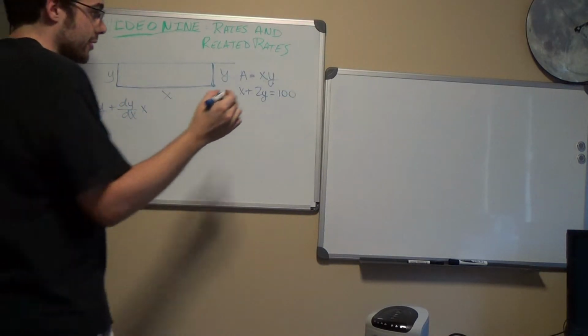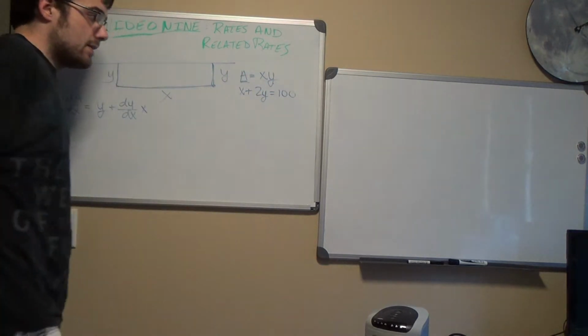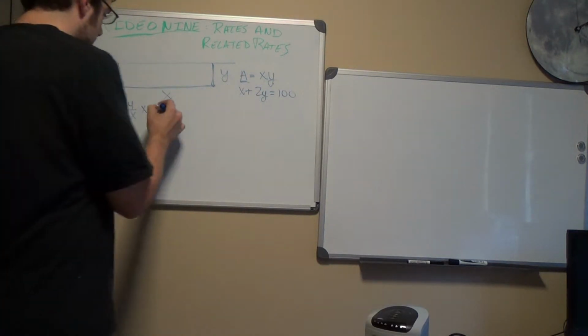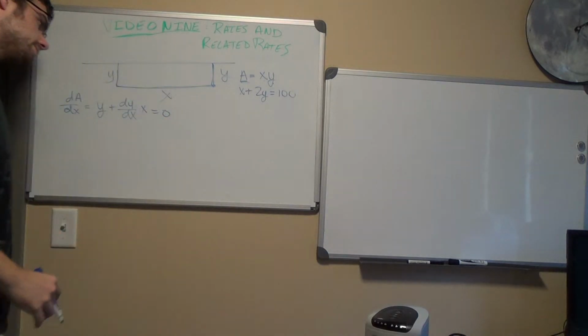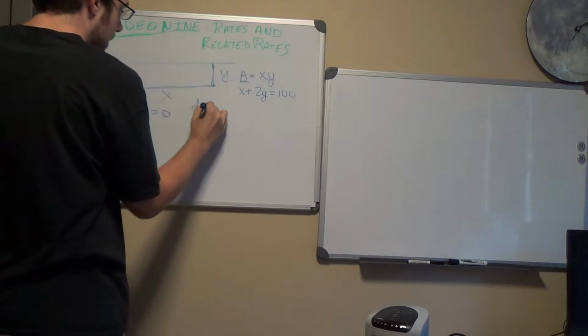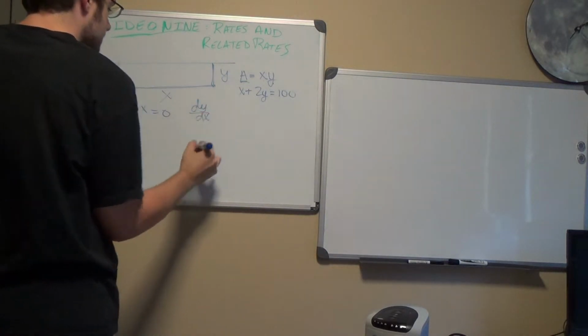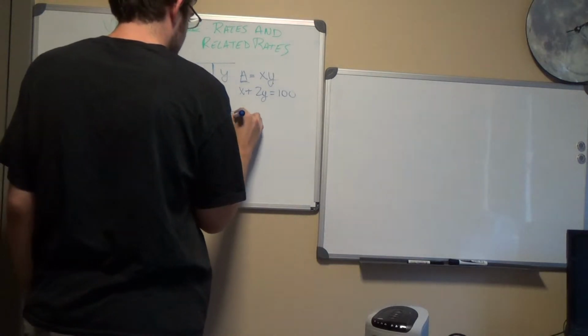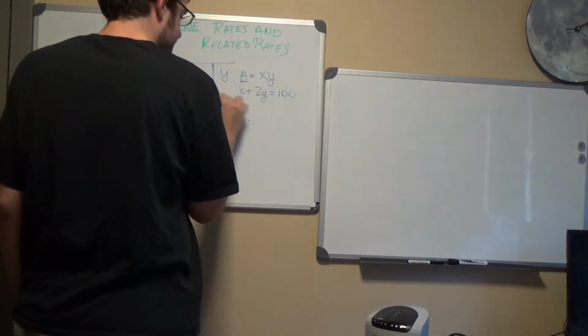And since we want to optimize A, we have to set the derivative of A equal to 0. And that gives us dy/dx is equal to negative y over x.